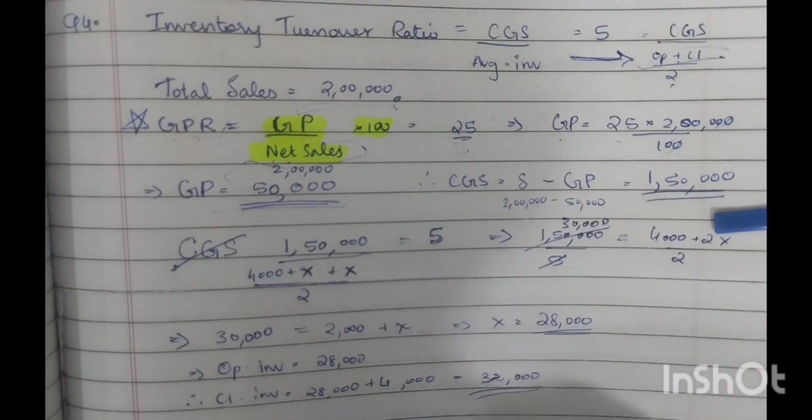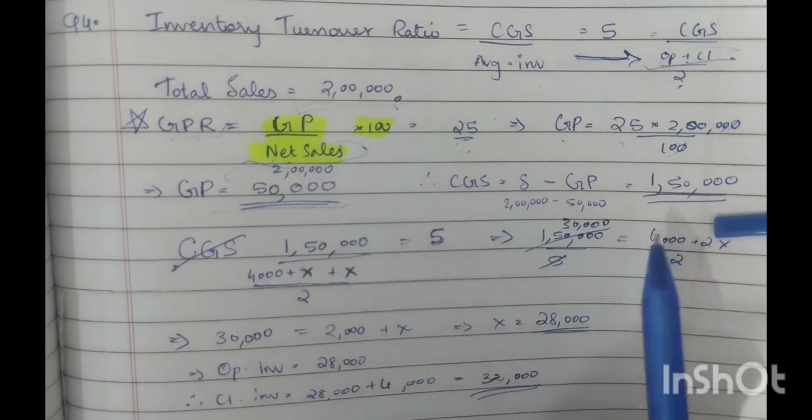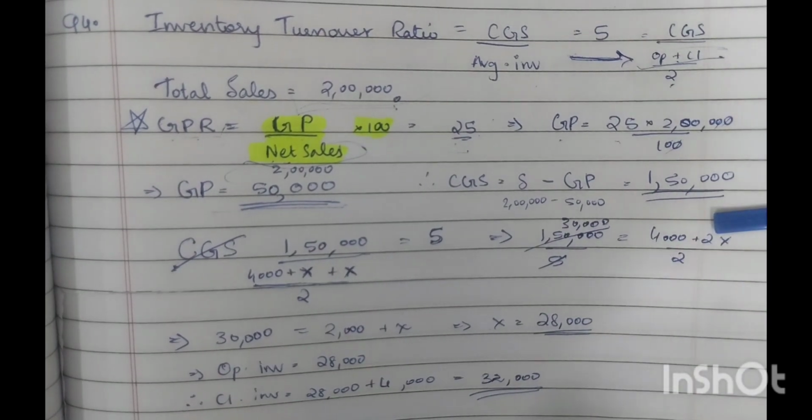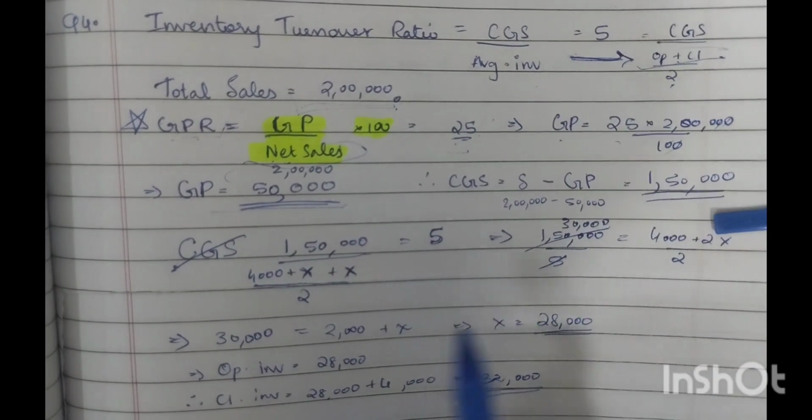Now we know, as I mentioned earlier, CGS is equal to sales minus GP. Sales 2 lakh minus GP 50,000, 1,50,000. So CGS is equal to 1,50,000.